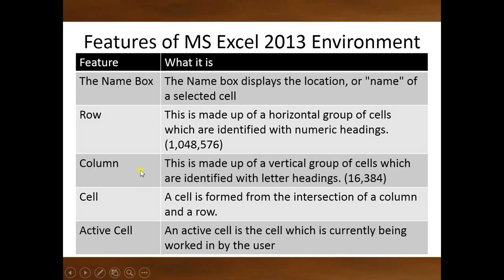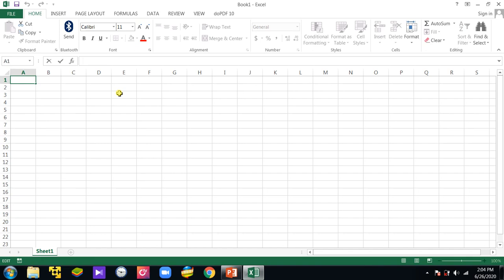Columns. A column is made up of a vertical group of cells which are identified with letter headings. So we have columns here, and each column has a letter heading.